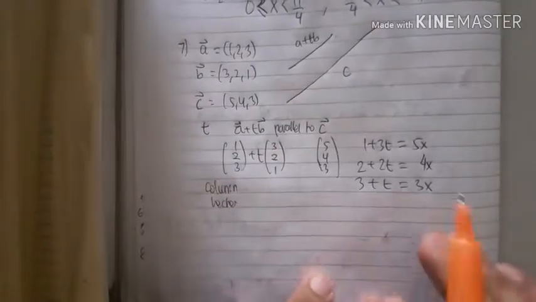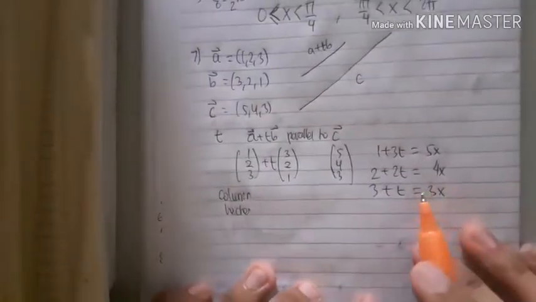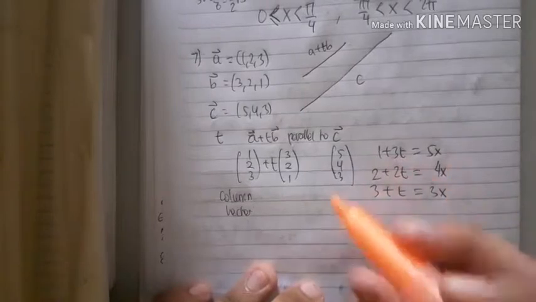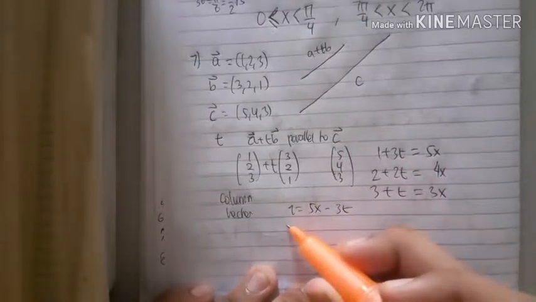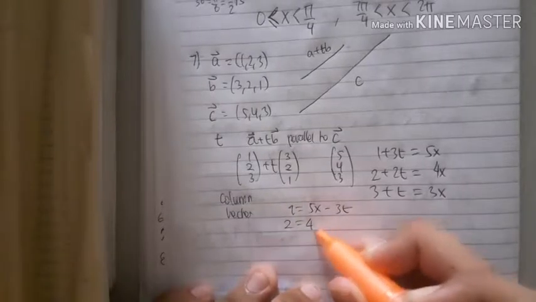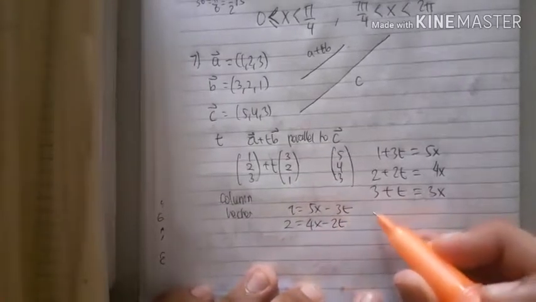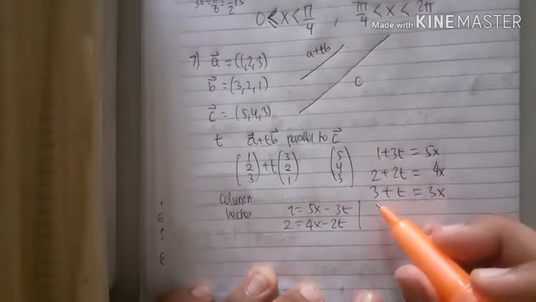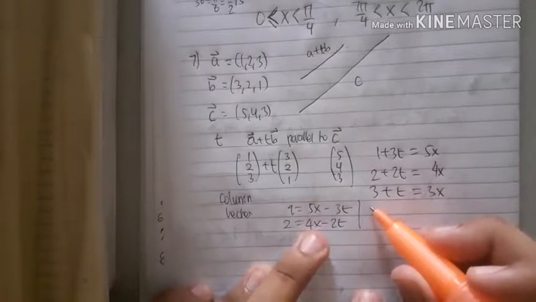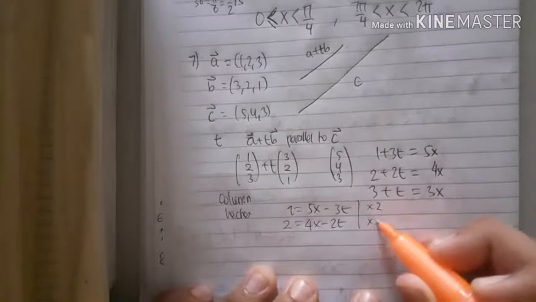So let's find it with the elimination method. Let's use these two equations. 1 equals 5x minus 3t, and 2 equals 4x minus 2t. Okay, we can find it by multiplying the first by 2 and the second by 3.